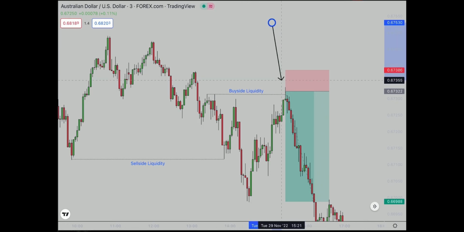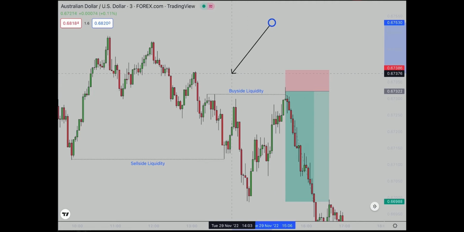So the institutions will want to take them out of their positions, leaving them with more money to take away from them. And with this pattern you will be able to play along with them, with their own positions.